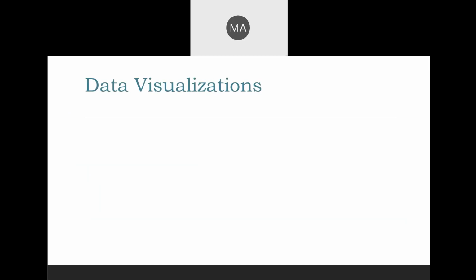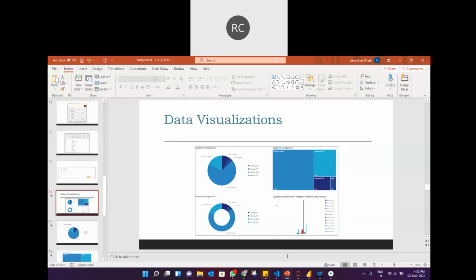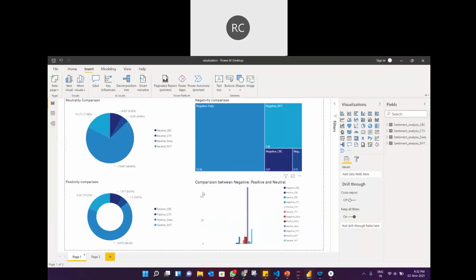Hi, it's Riddhi Chauhan, and I'm going to explain the visualizations here. We have completed visualizations in Power BI, and there are 4 visualizations. The first one is a comparison of neutrality of 4 news channels. The second one is a comparison of negativity.